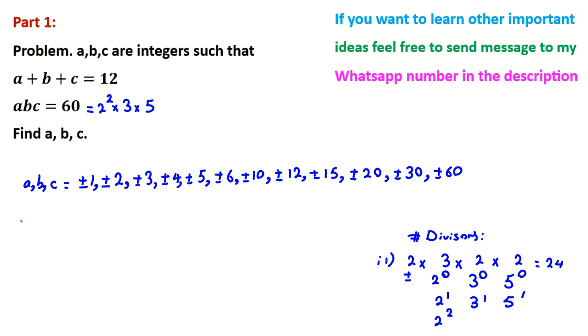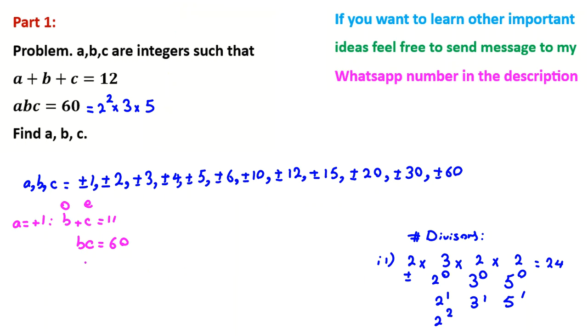So what can we check? For example, a. a is plus or minus 1. If a is 1, then b plus c is 11, and bc is 60. Because the sum is 11, one of them is odd and one is even. Without loss of generality, b is odd and c is even, and the even one should be a multiple of 4.